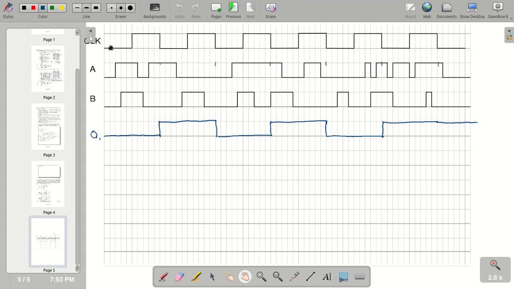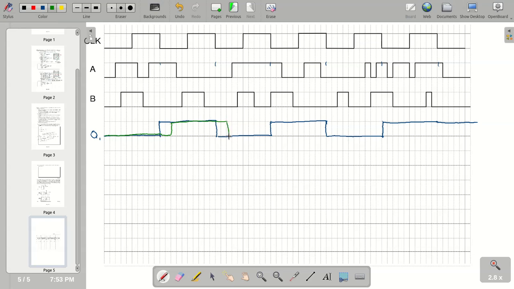So this is 100 nanoseconds. We have 1, 2, 3, 4, 5, 6, 7, 8, 9, 10, so one of these bars is 10 nanoseconds, and the transition delay is actually 2 of these bars. With the transition delay, the output of Q1 should look something like this. The green one is the output that we're getting with the transition delay.